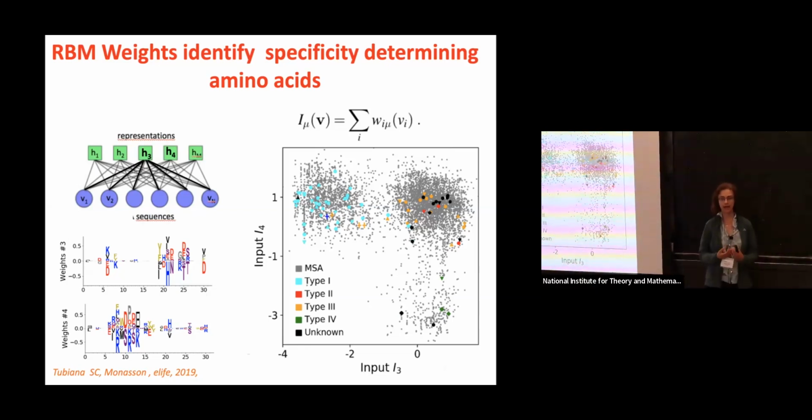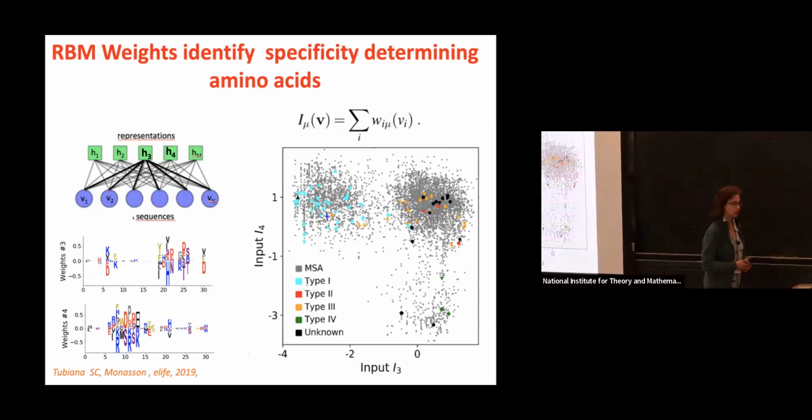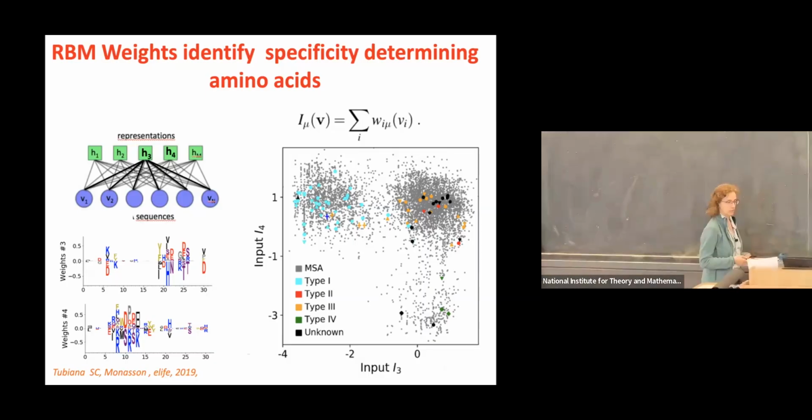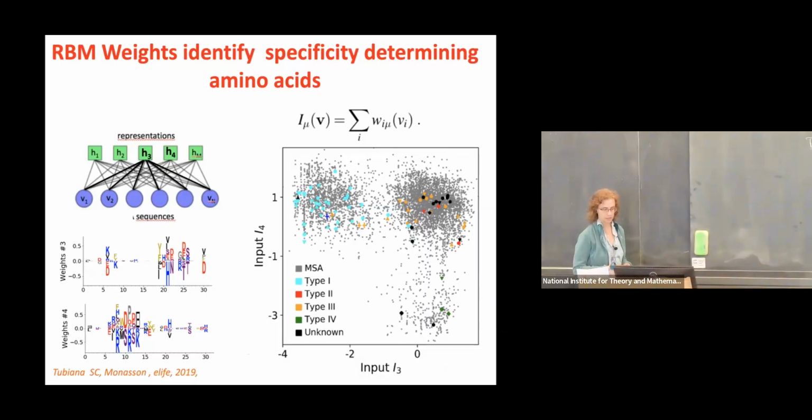So it's really nice because you can interpret the weights in terms of what are the important amino acids for the specificity. So these are the two.